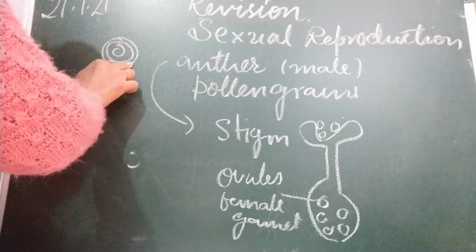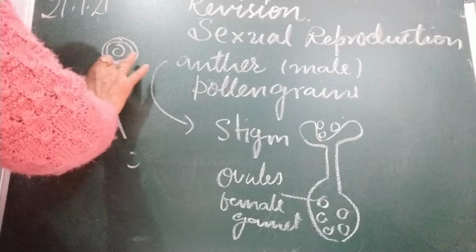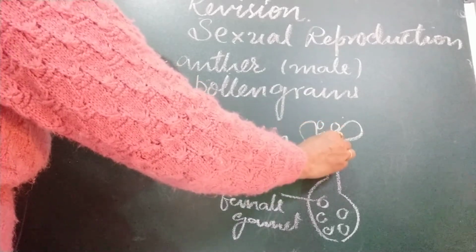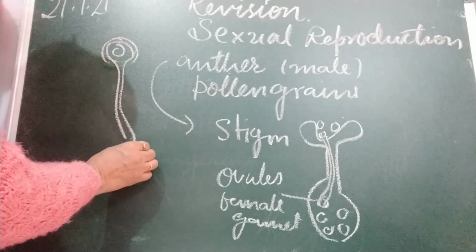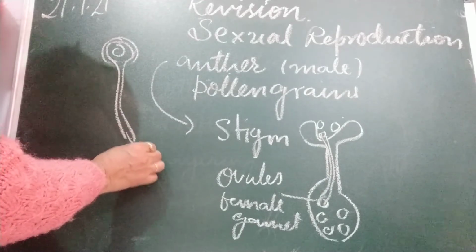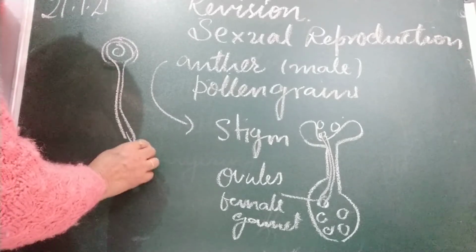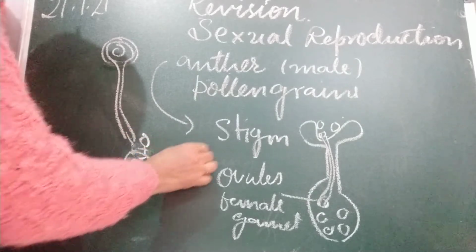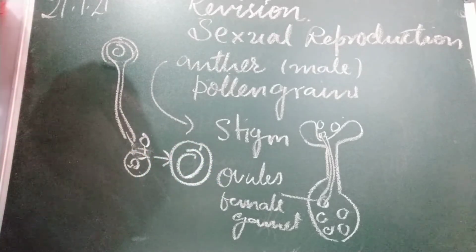The outer wall dissolves, the inner wall converts into a tube-like structure, and the male gamete travels in this tube. When the male gamete reaches the ovule, it fuses with the female gamete. When both male and female gametes fuse, they form a double-walled zygote, and this process is called fertilization.